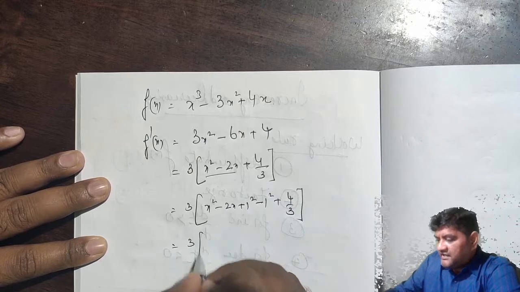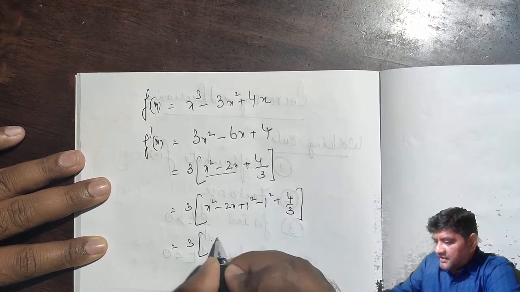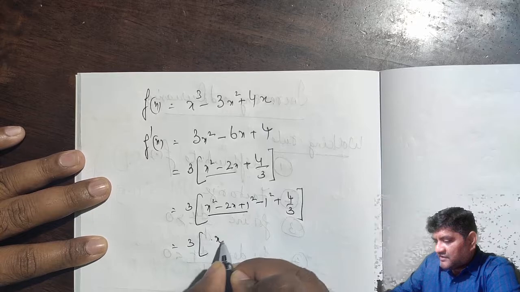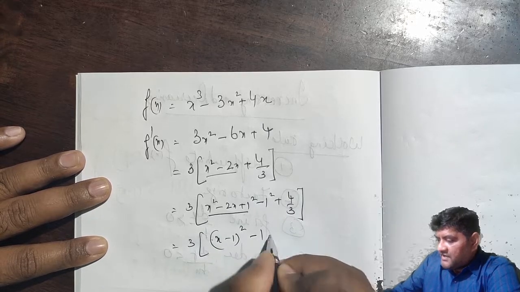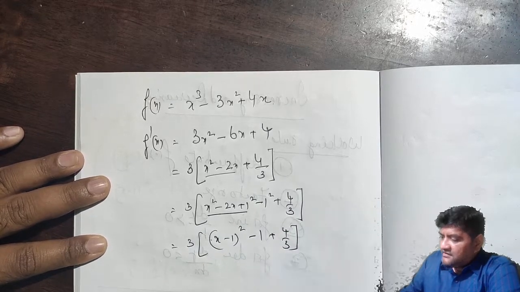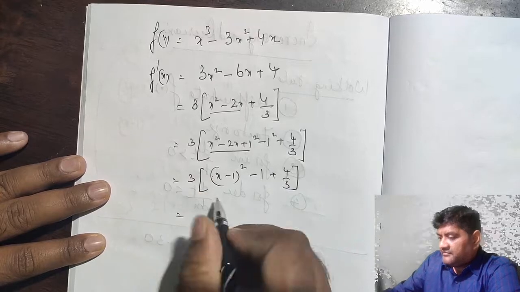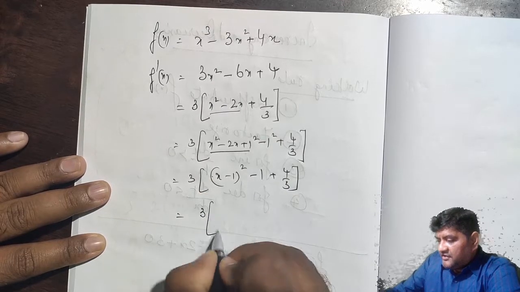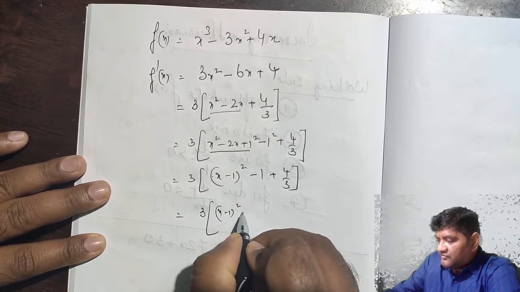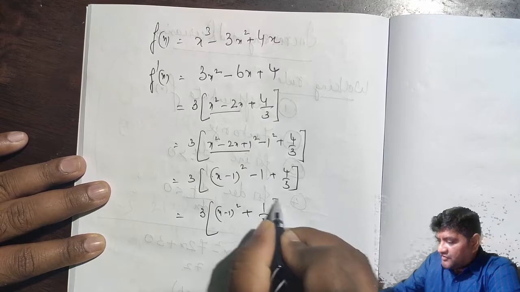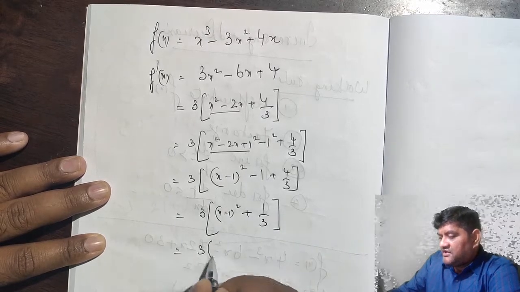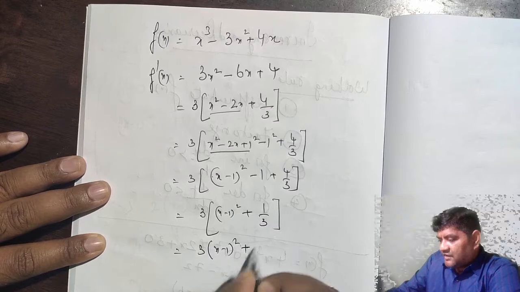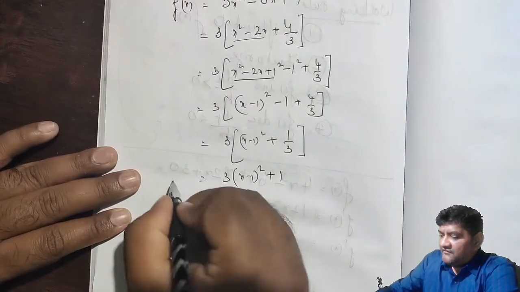So this is going to be 3 into x minus 1 the whole square, minus 1 plus 4 by 3. So you take an LCM and what do you get? 3 into x minus 1 the whole square plus 1 by 3. That's what you get. So when you multiply, this is going to be 3 into x minus 1 the whole square plus 1. So that's your f dash of x.